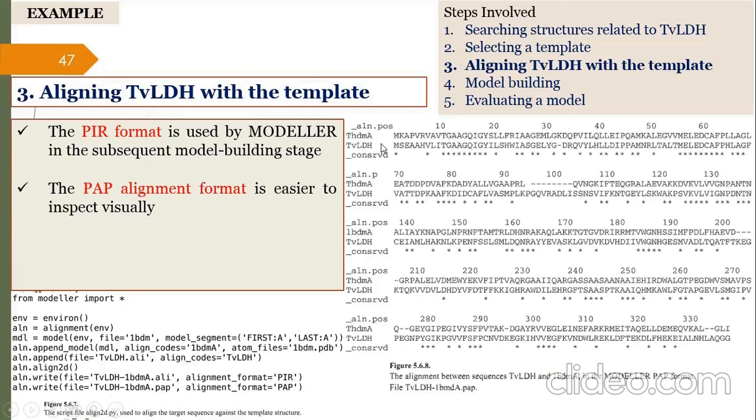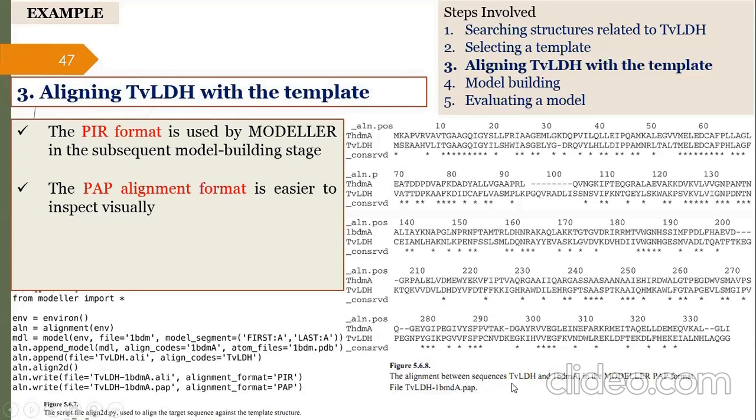So you can see this one is the template, and this one is the query. These two sequences have been aligned, and the asterisks show conserved positions. We already discussed how conservation is represented in an alignment.